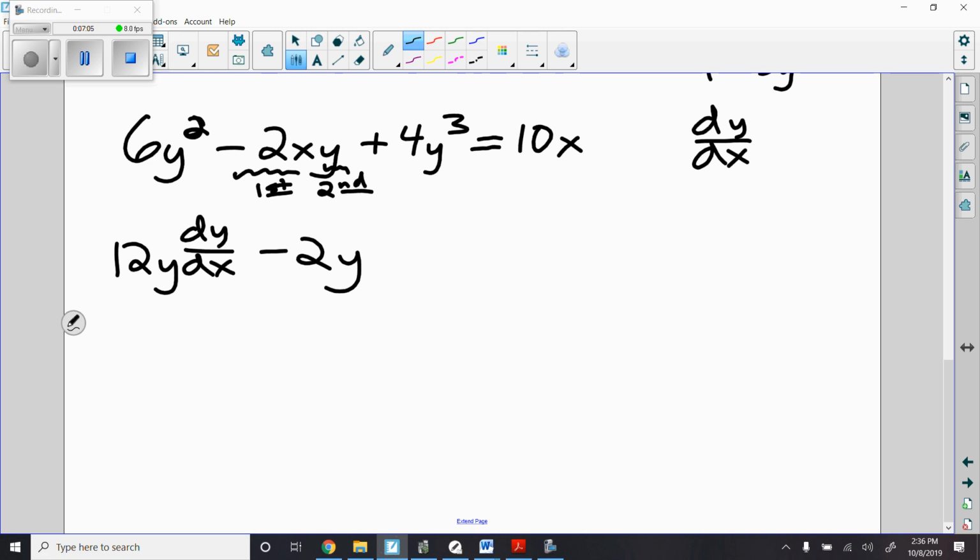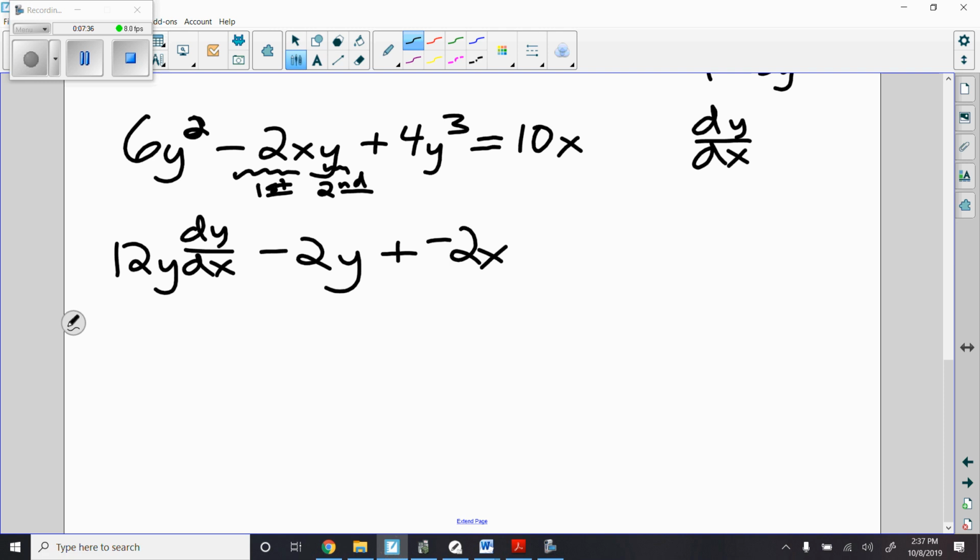Now people know the product rule is plus. Here's where you need to be careful. A lot of students will write plus 2x dy dx, okay? But that first term is still, we're thinking of it as a negative 2x. I do the derivative of the first times the second plus the first, but that first is still negative. It's still a negative 2x times the derivative of the second.